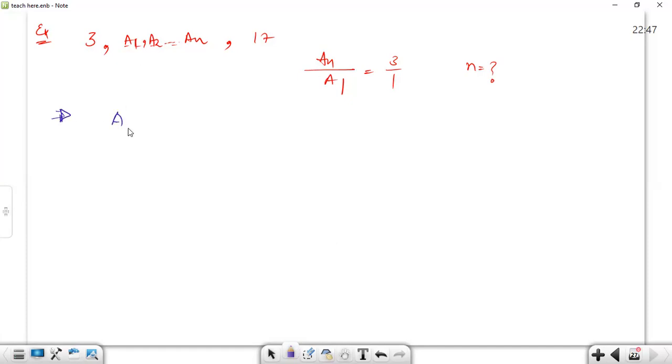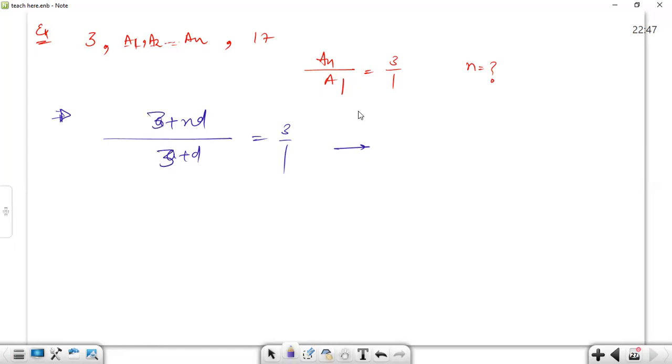Now we know an is simply a plus n of d, and a1 is simply a plus d, and their ratio is 3 is to 1. So if we move further, also what is a? 3, right?